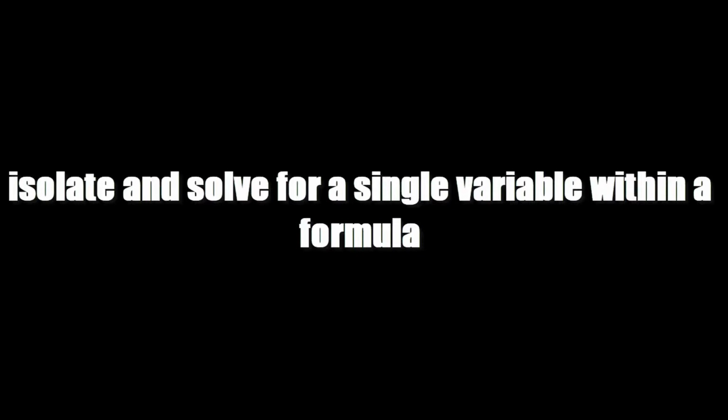Isolate and solve for a single variable within a formula. Now, the things that I want to accentuate are the verbs. What are the students going to do? So I will change the color of isolate and solve to red. This indicates importance in the minds of the students. And it sends the message that if you can do this, you have been successful for this class period.